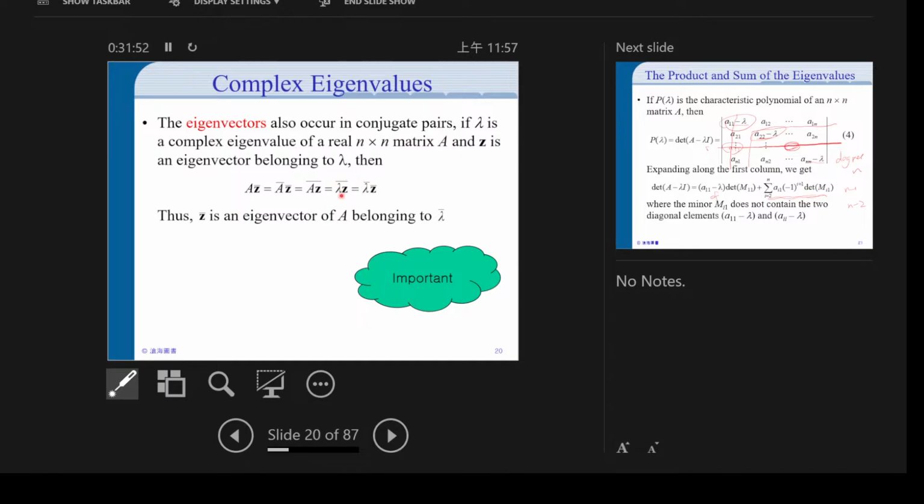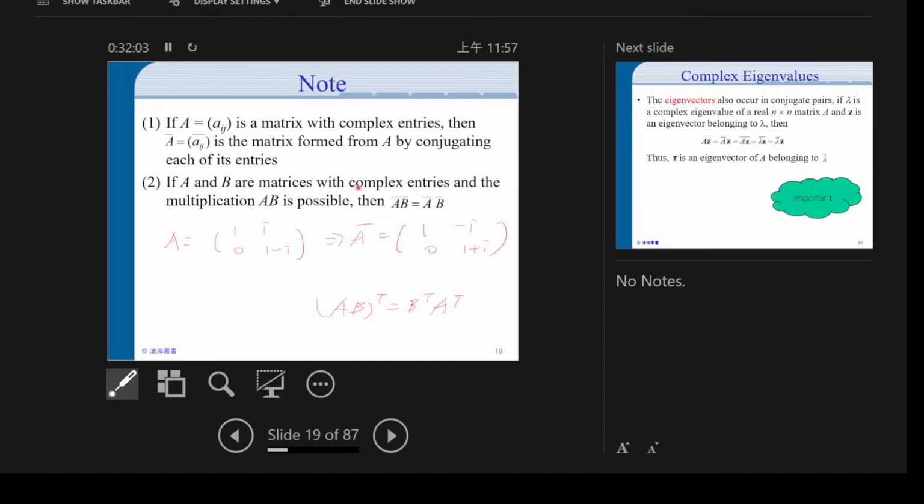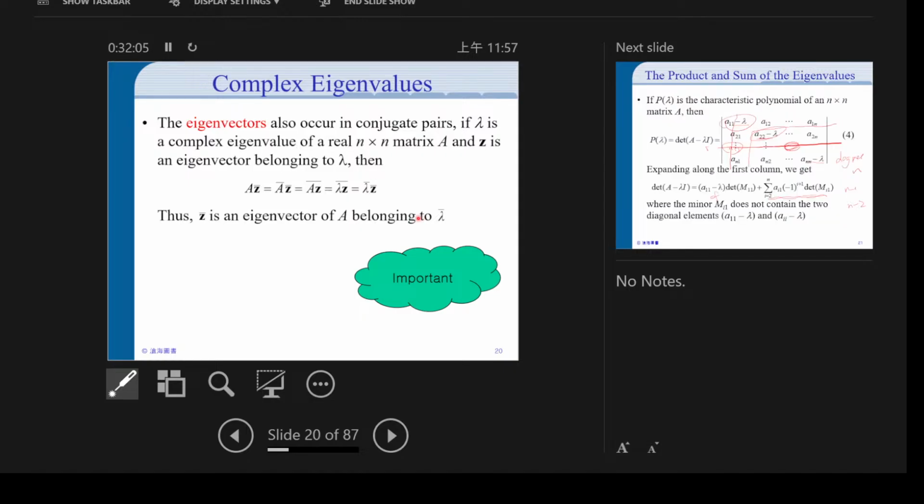Now this is just the bar on scalar multiplication, so this is lambda bar times z bar. I guess you can view lambda as a 1 by 1 matrix and use the same rule again. So from beginning to end, you see that A z bar equals lambda bar z bar.